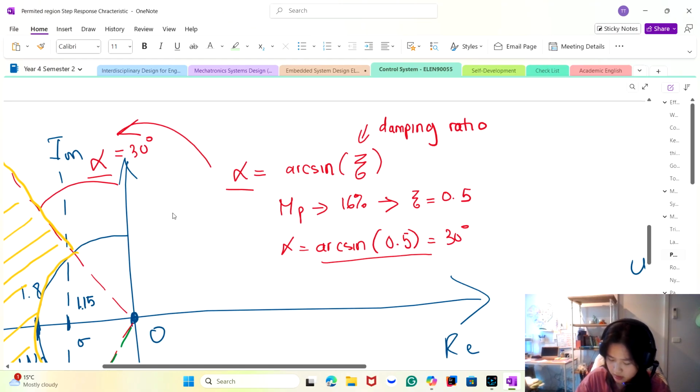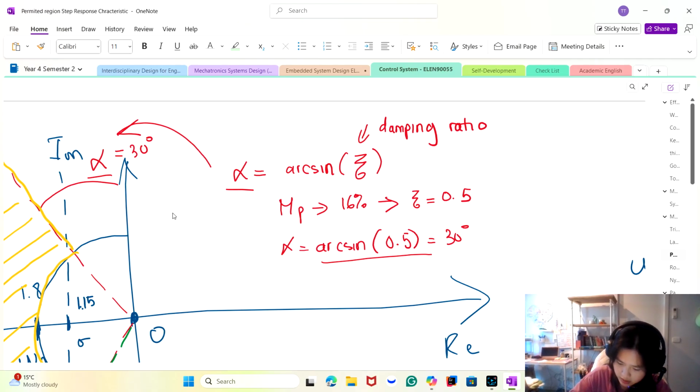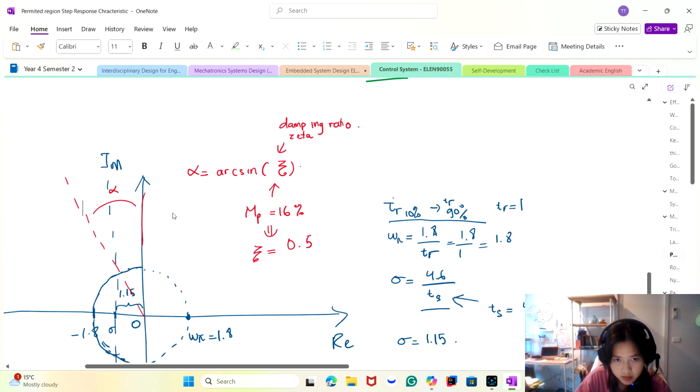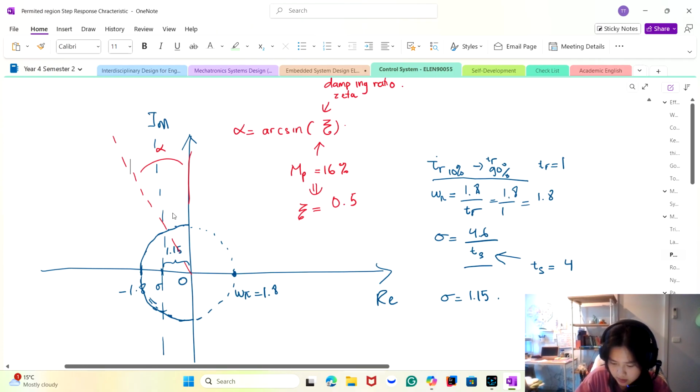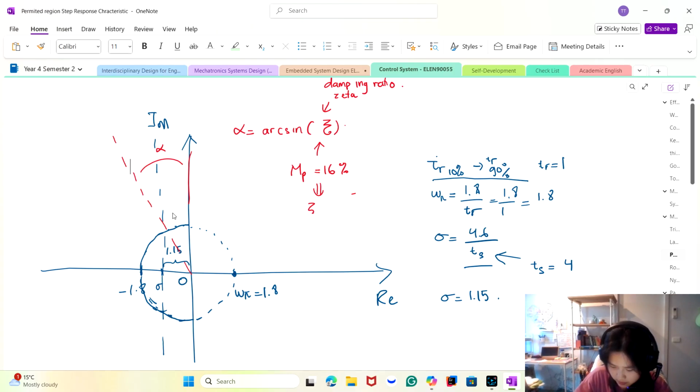So after we get the damping ratio zeta, from the graph we have zeta equal to 0.5, and then your alpha equals arcsine of zeta, which is arcsine of 0.5, which equals 30 degrees.